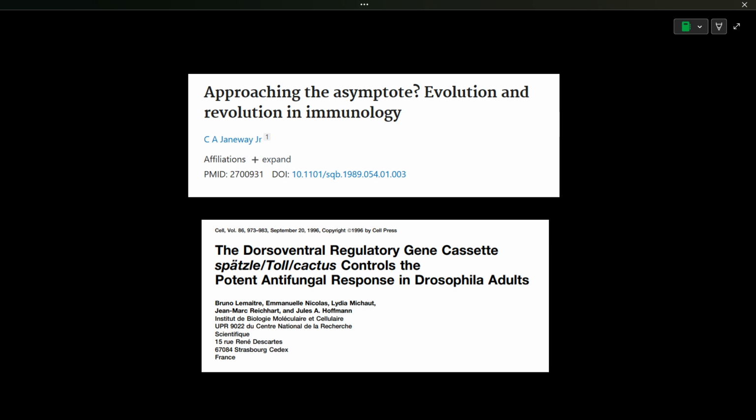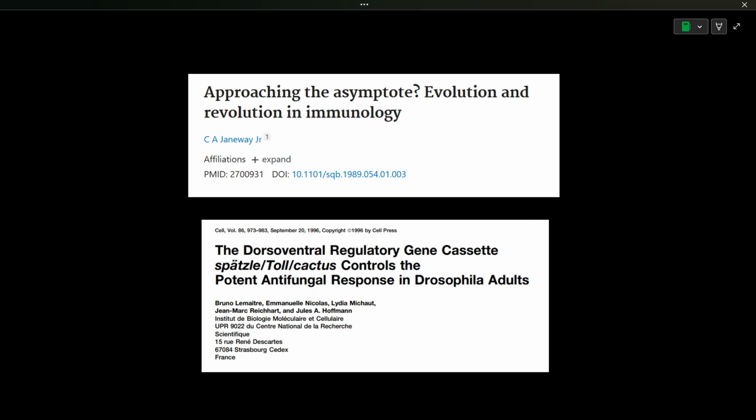The antibody-antigen interaction is highly specific. Whereas the receptors we are discussing in this lecture, the pattern recognition receptors, are broadly specific. They can recognize lipopolysaccharides, peptidoglycans, and even beta glucans. So they are recognizing a broad spectrum of molecular patterns, right? They are part of innate immunity, and that is why we say that innate immunity has a broad specificity.